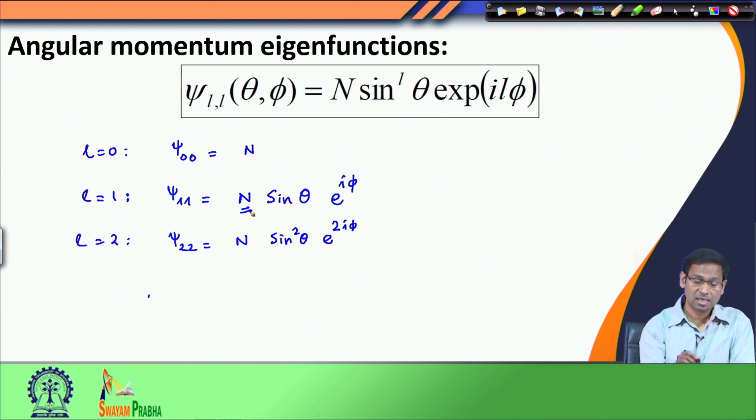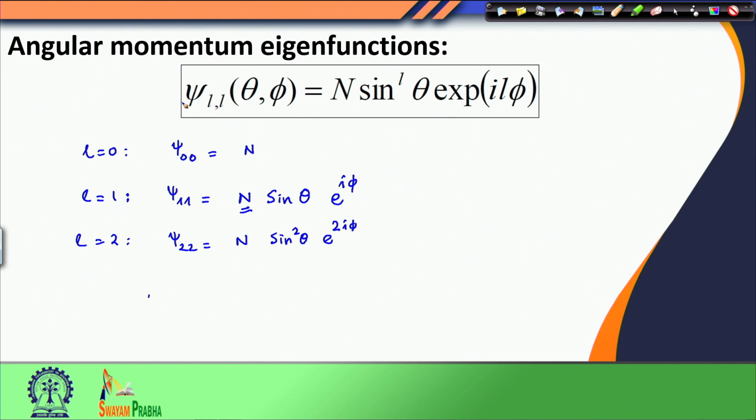Another important thing is that we are still getting only psi L L. This is the functional form of one of the 2L plus 1 eigenfunctions corresponding to angular momentum L. So, what about the rest of the angular momentum eigenfunctions? These are some of the unanswered questions in this class, and we will take them up in our next class. Thank you for your attention.